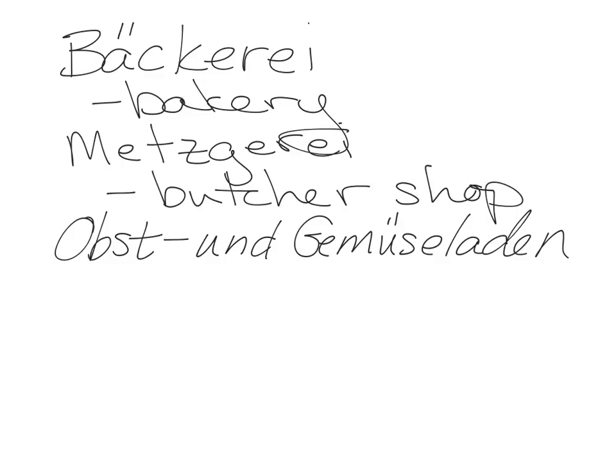Okay, so Obst und Gemüseladen. What does Obst mean? Fruit. Gemüse? Vegetables. So it's a fruit and vegetable store. Usually it ends up being a stand, but Laden is another word for a store. Especially during the summer, they have farmers markets all the time, in some places twice a week.